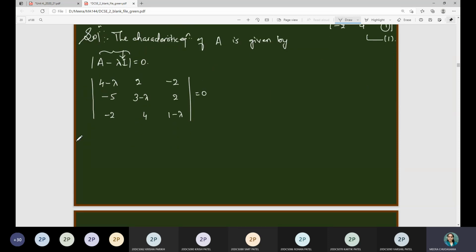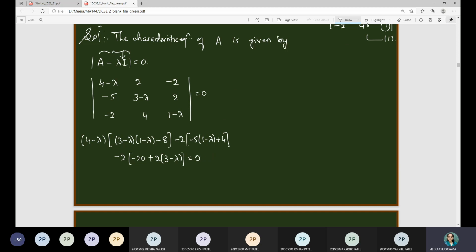Now applying the definition of determinant, this will be (4 minus lambda) times [(3 minus lambda)(1 minus lambda) minus 8], minus 2 times [minus 5(1 minus lambda) plus 4], minus 2 times [minus 20, minus minus, plus 2(3 minus lambda)] equal to 0, right?